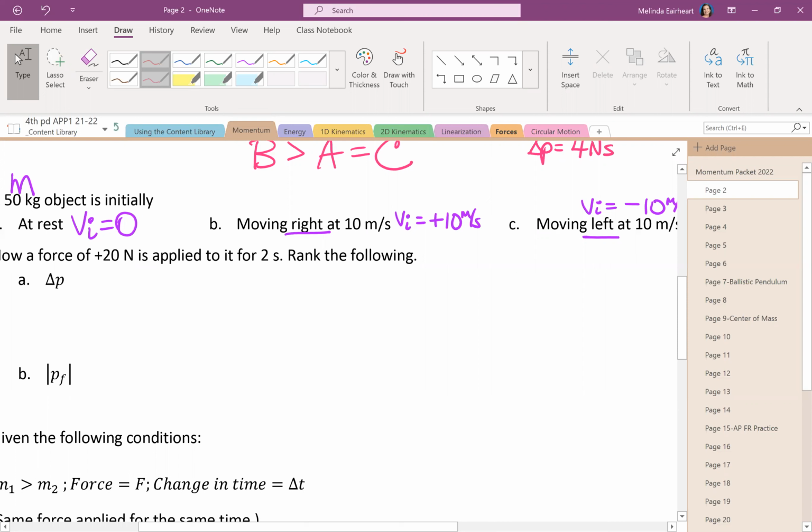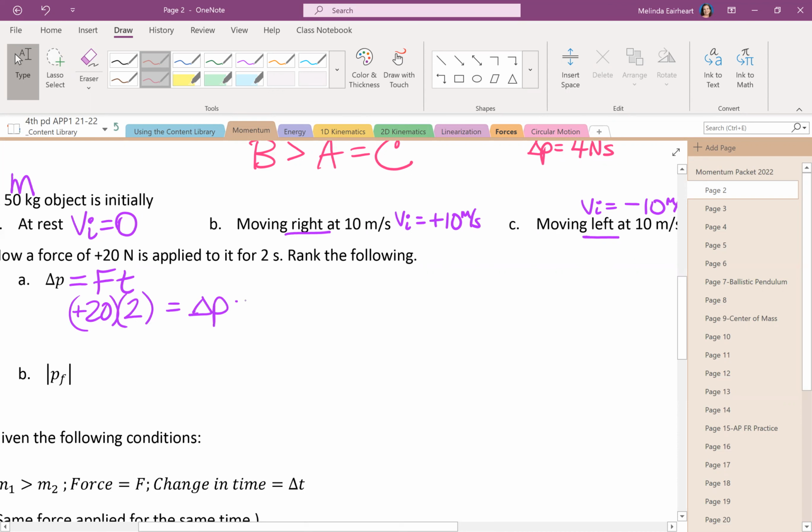Well, I don't know my final velocities. I don't know my final momentum. But remember, delta P, impulse, is that force times time. And so everybody got a 20 Newton force for 2 seconds.